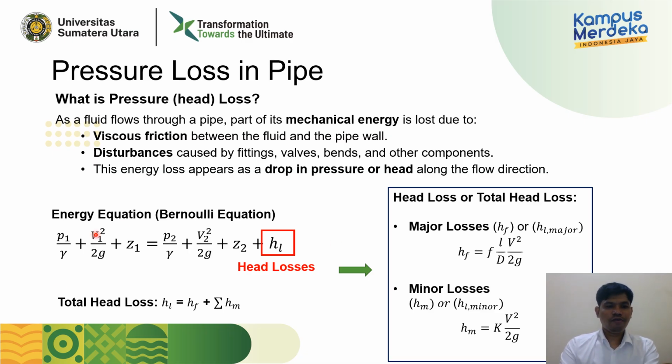We can see this from the energy equation, or Bernoulli equation, between two positions along the pipe, for example, pressure at the first position and pressure at the second position. We can see from this equation that along the pipe we will get head losses.